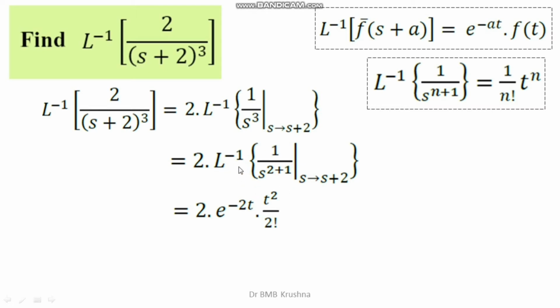So L inverse of 1 by s power 2 plus 1, according to it, we get t square by 2 factorial. We know that 2 factorial is 2, 2 cancelled. We have t square times e power negative 2t. Hence, this is the required inverse Laplace transform of this function by using first shifting theorem.